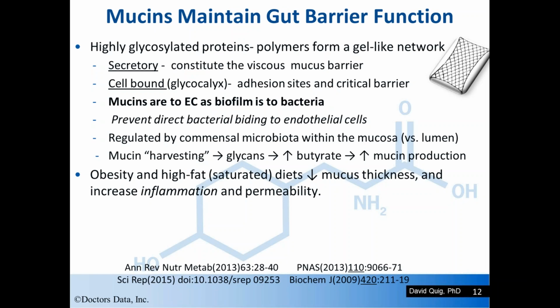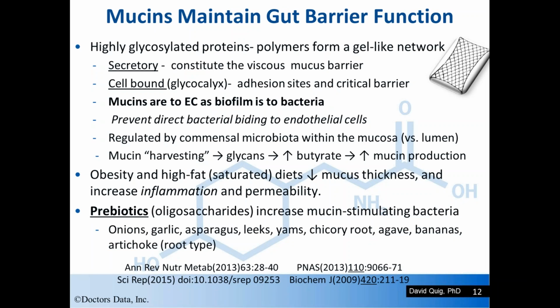to produce more mucin. Now, with obesity and high-fat, particularly high saturated fat diets, we see decreased mucus thickness and an increased inflammatory state associated with increased permeability. We can also have butyrate formed and feedback on mucin production with exogenous prebiotics, that is the soluble fiber derived from diet, the oligosaccharides, which increase mucin-stimulating bacteria.